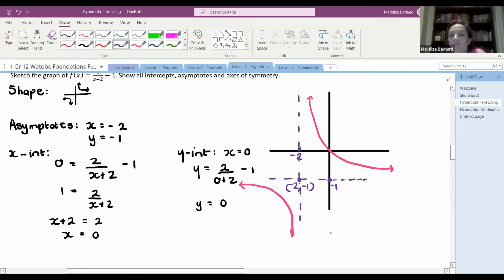So for our axes of symmetry, the point goes through minus 2 and minus 1.